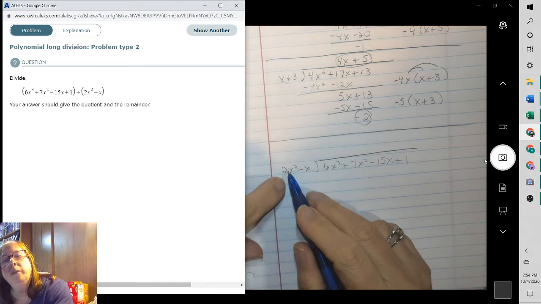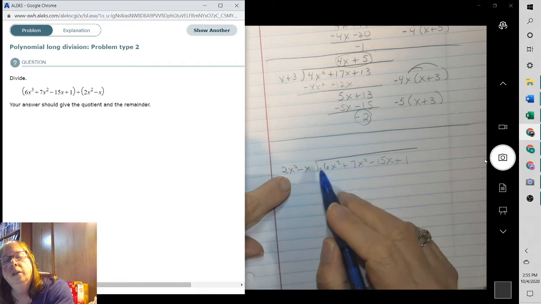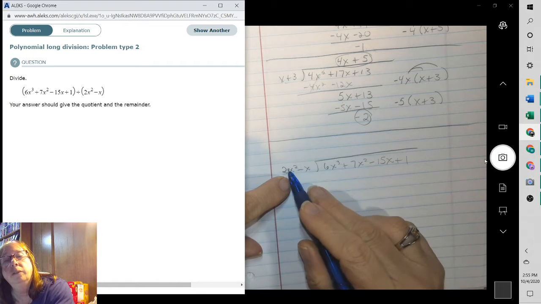So we want to look at 2x squared. What do we need to multiply to get 6x cubed? Well, we need a 3, because 3 times 2 is 6.